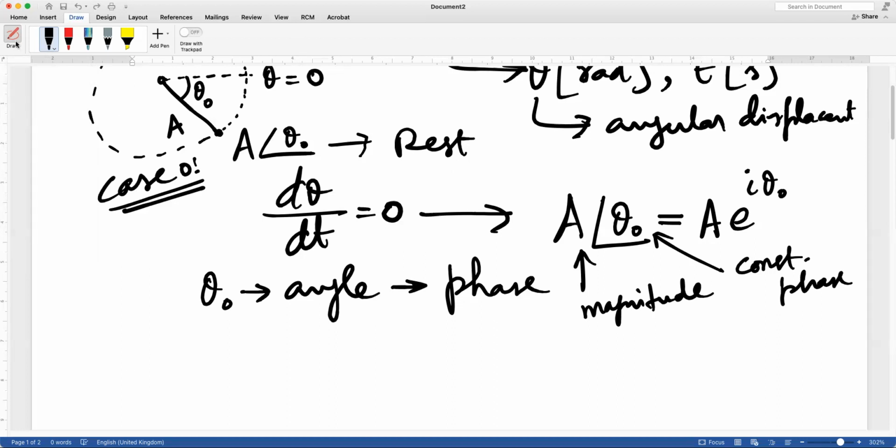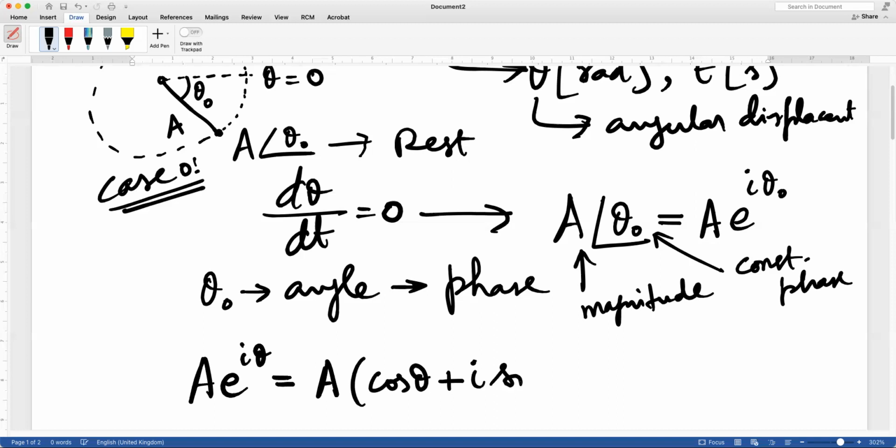This mathematics has to be used here. So A e power i theta, what is the expansion for this? A times e power i theta is A times cos theta plus i sin theta.